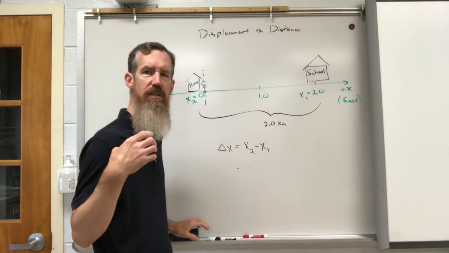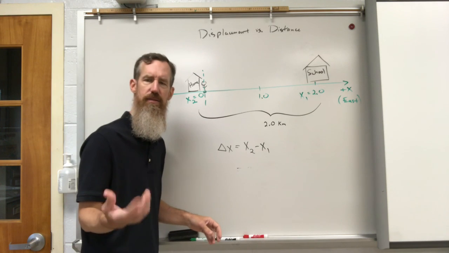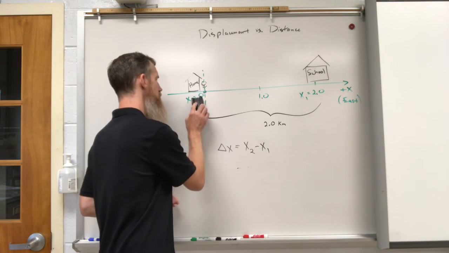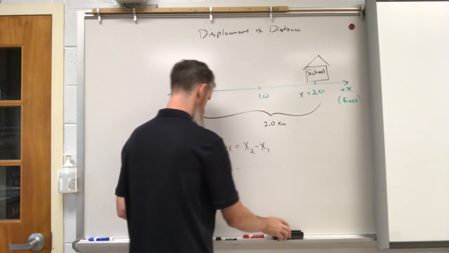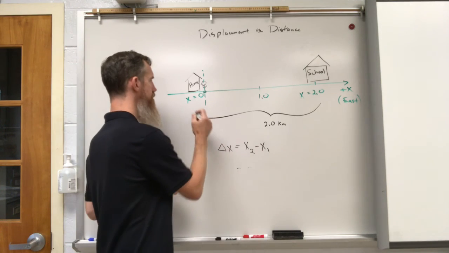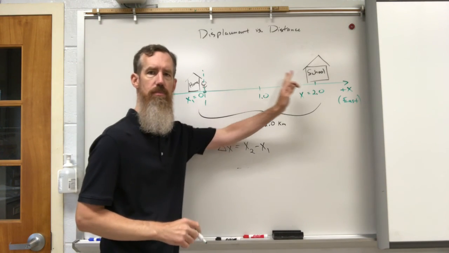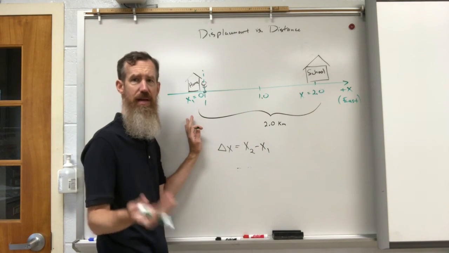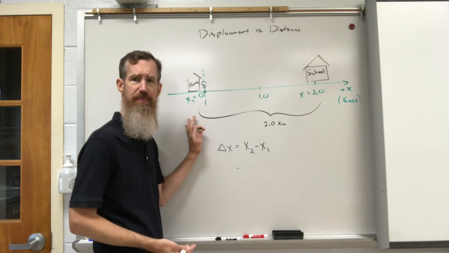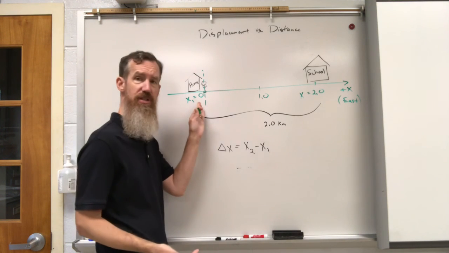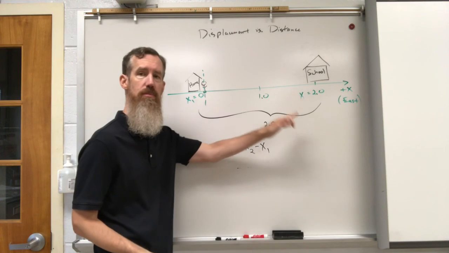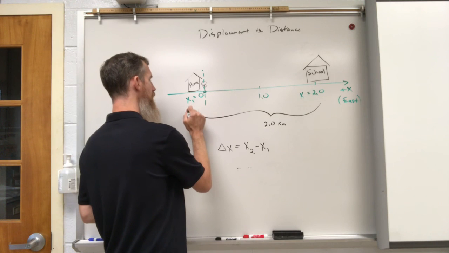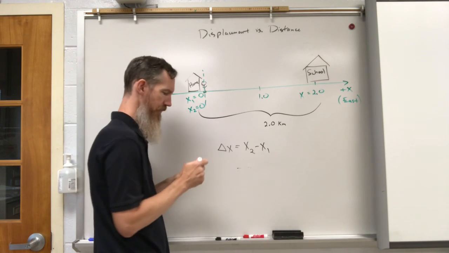If I consider the entire round trip as one event, well, if I start at home, walk to school, and walk back, and I consider that all one round trip, well, my starting position is here at home. I walk to school, then I walk back. And if I frame it in that way, then my final position is also home.